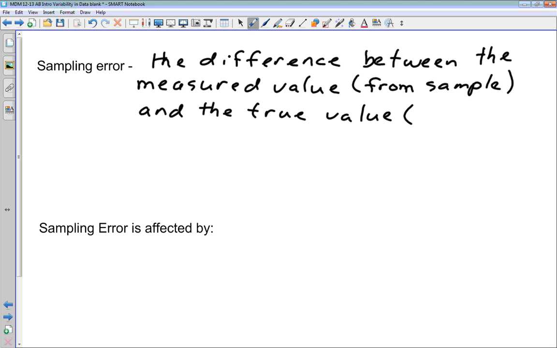Now, what do we mean by the true value? Well, the true value is the value that you would get if you went and measured this thing for every individual in your population. So the true value is what you would get from measuring the entire population.